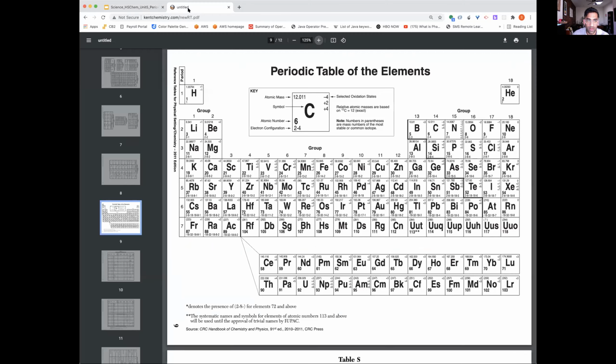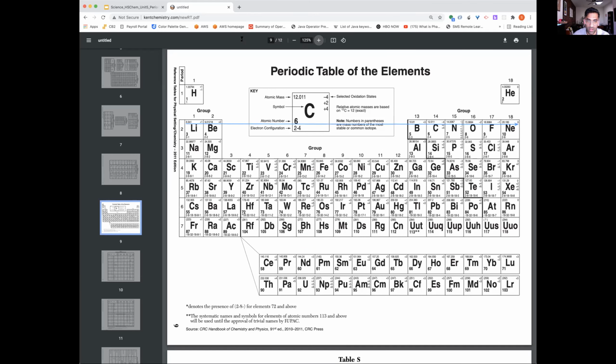Okay, and so let's look at what this looks like in the periodic table. All right, and so over here you can see what I was talking about with 3 through 10. All right, and I'm going to describe that with an arrow going from left to right. We have lithium all the way to neon.